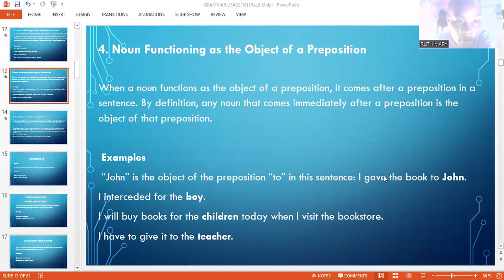Examples: John is the object of the preposition to in the sentence, I gave it to John.